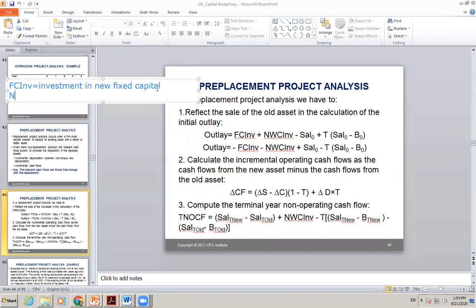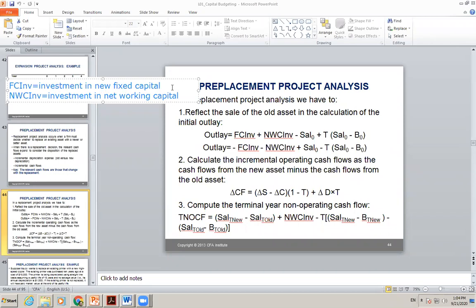We have NWC, which is investment in net working capital. This is what we generally did for expansion of the new product: we added the investment in fixed capital plus the investment in net working capital.